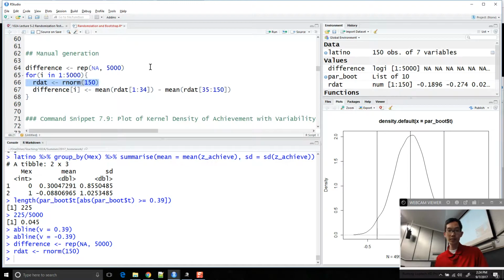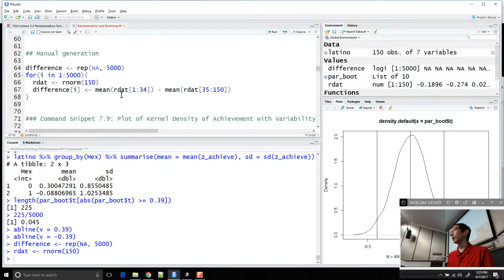Then I would calculate the difference between the first 34 versus the last 116. The idea in the manual way is we generate 150 values at random from the normal distribution and assign the first 34 to group 1 and the last 116 to group 2.